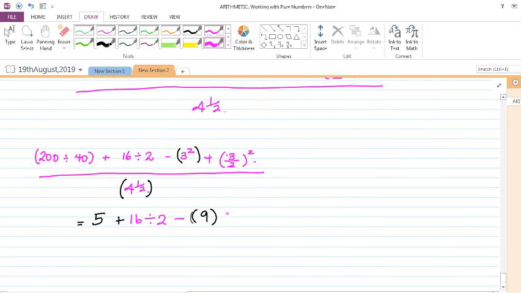And then I'm adding 3 over 2 squared, which has to be done first because there's a power. That means 3 squared is 9 and 2 squared is 4. And all of that is to be divided by 4.5. But the 4.5 also has a bracket there, so it's worked out: 2 4s are 8 and 1, 9 over 2.